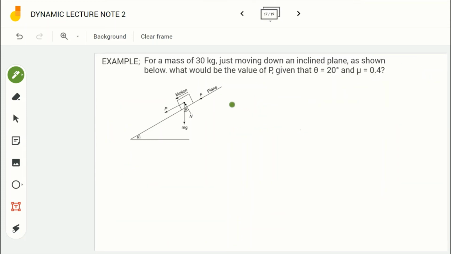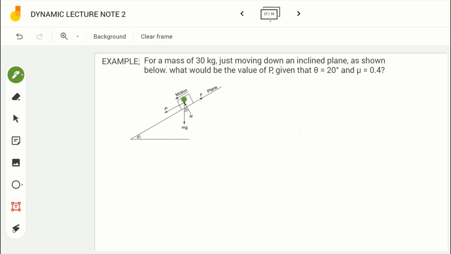All right, let's look at a question. It says, for a mass of 30 kg, as you can see right here, this is the mass, just moving down. Now, this motion, the direction of your motion, tells you the direction of the object.